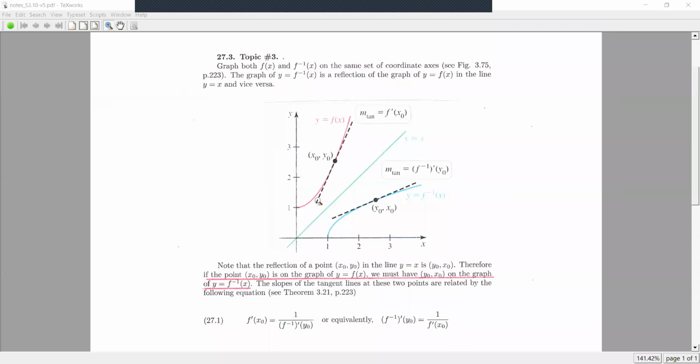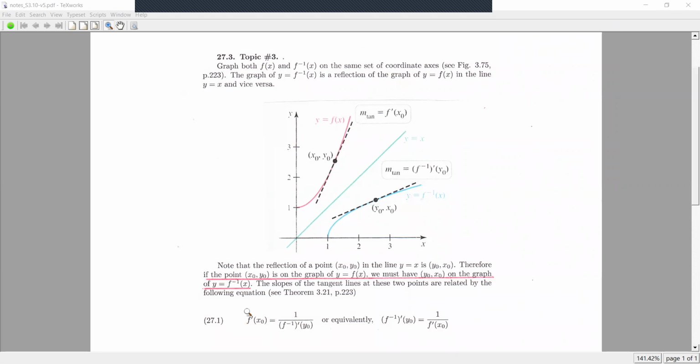It turns out that the slope of this line and the slope of this line are closely related. The slope of this line is the reciprocal of the slope of that line and vice versa, namely these two equations.